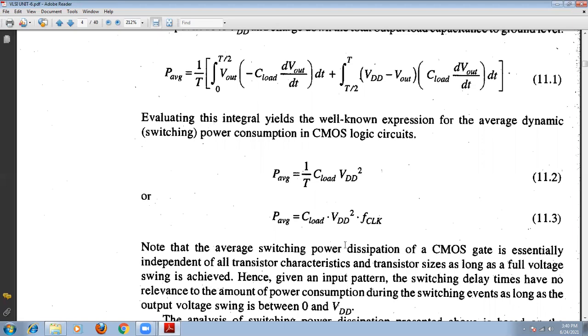In this condition, the node transition rate is lower than the clock rate. Remember, this is the first assumption we are going to consider, because the node transition rate is less than the clock rate depending upon the circuit topology, the logic style, and also the input signal statistics.